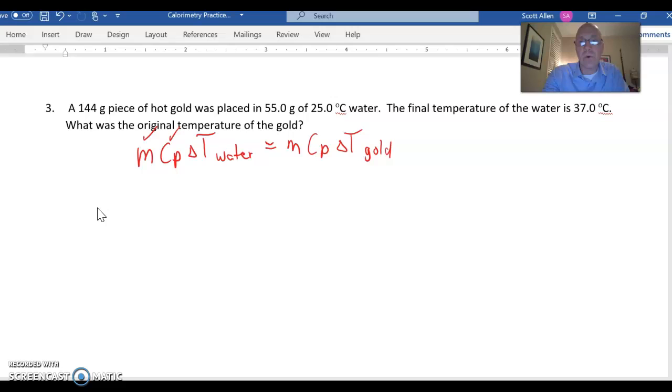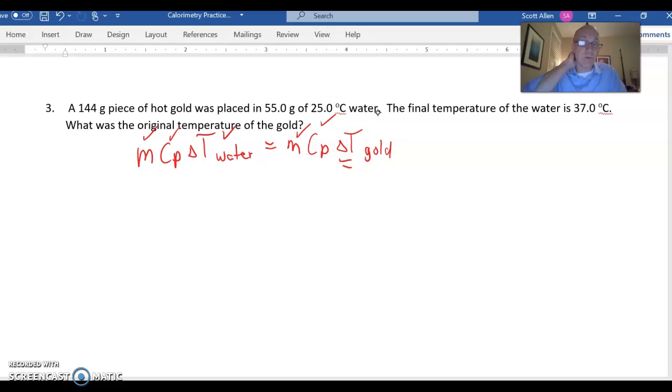We know the starting temperature of the water and the final temperature of the water right over here, so we can figure out the change of the temperature of the water. What is the original temperature of the gold? We know the mass of the gold, that's 144 grams, and we know the specific heat of the gold. So the only part of this problem that we don't know is the delta T.